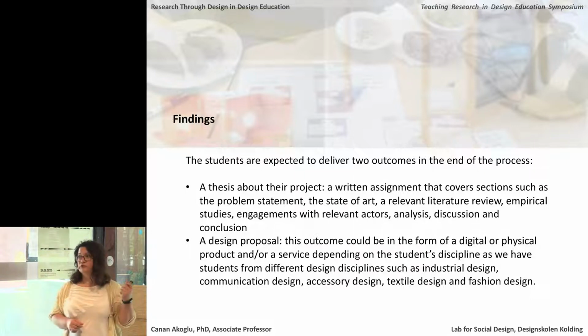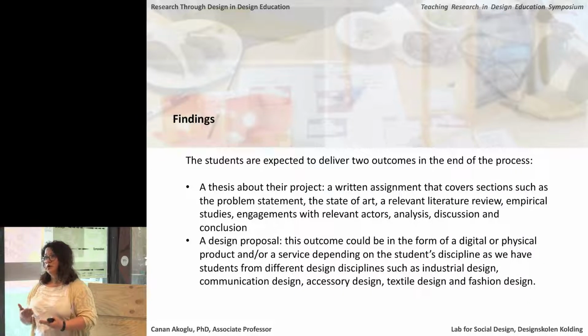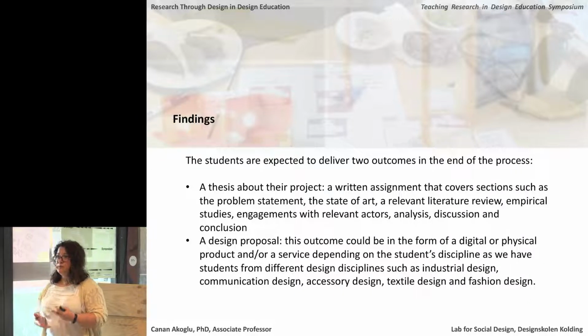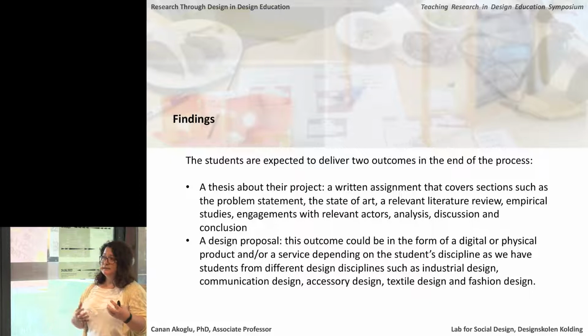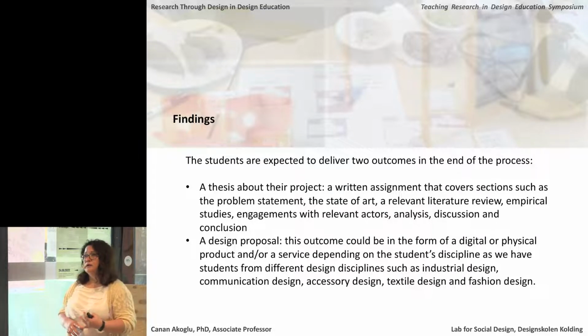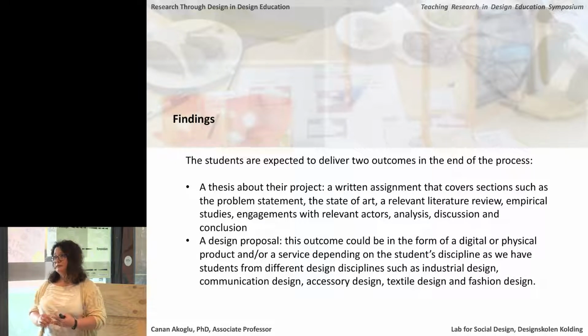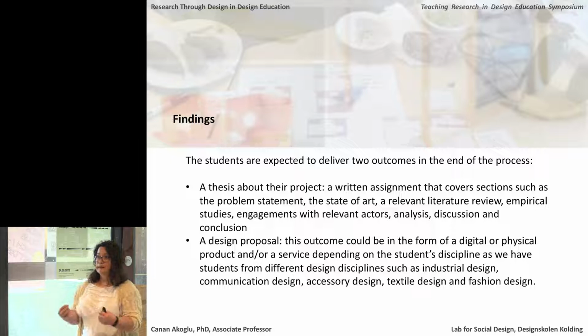So one of the outcomes is a thesis that focuses on the process of the project, reflections on the process of the project, but also how they discuss and relate it to the existing literature. The second one is a design proposal, which is, depending on the discipline that they come from.